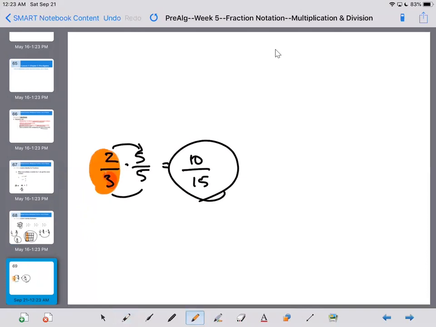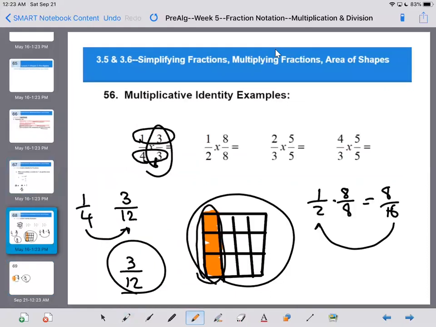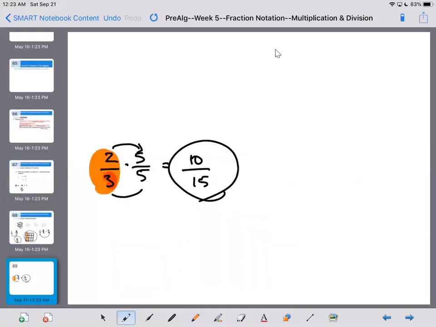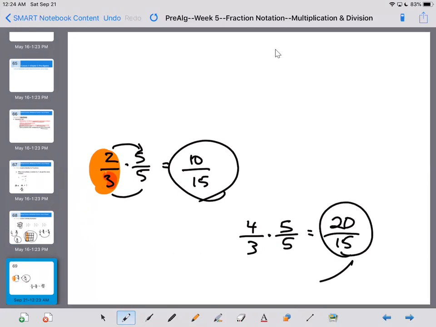It is an equivalent fraction, and 15ths are much smaller pieces than thirds. And then if we looked at 4/3 times 5 divided by 5, 20/15 is an equivalent fraction to 4/3. 15ths are just smaller pieces than thirds.